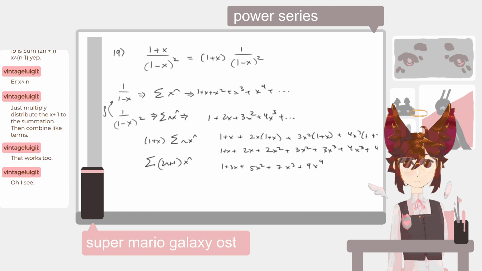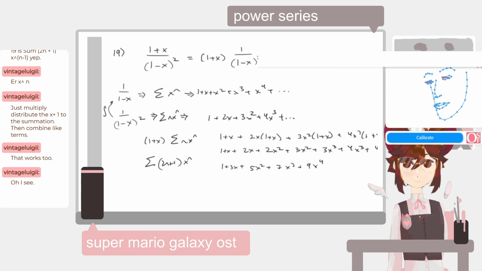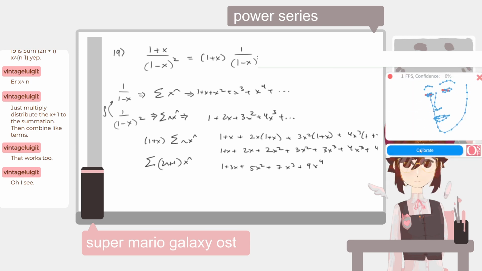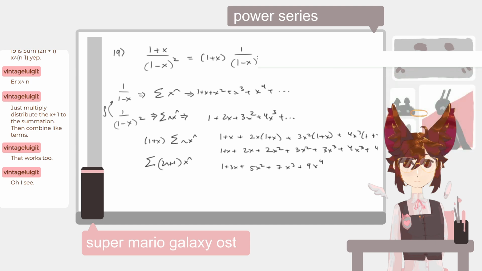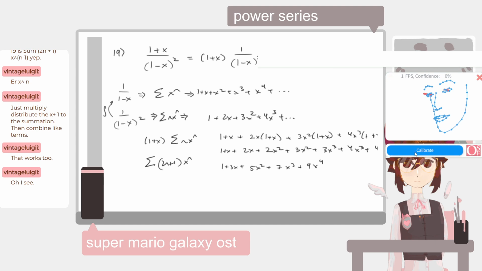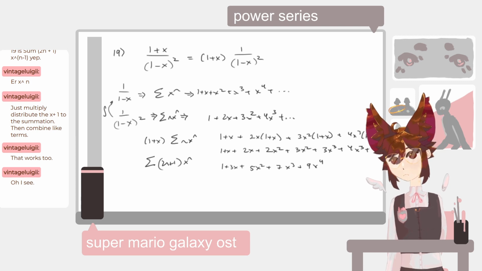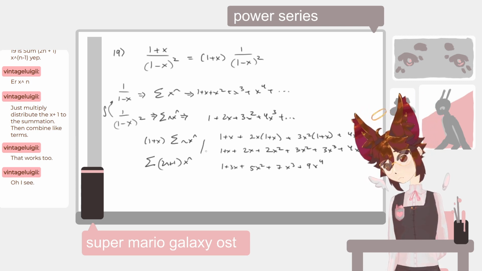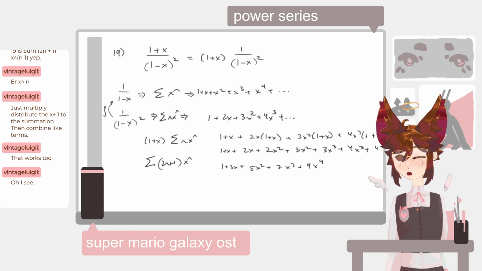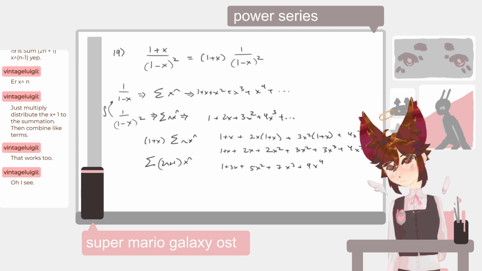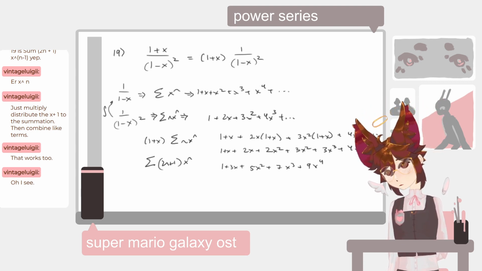Hello? Oh, I see. Yes, I see too. Yay. Okay. Oh, I really thought I was going insane there for a sec. I was like, how is there a factorial in this? There's no way.